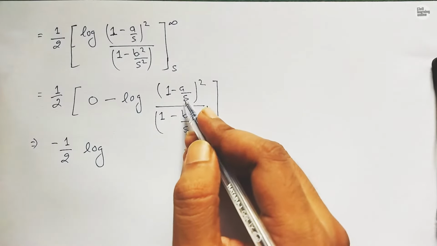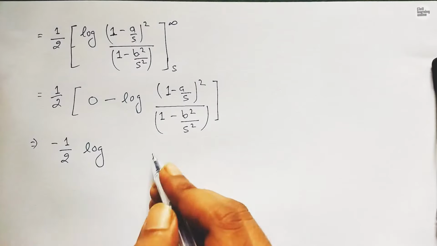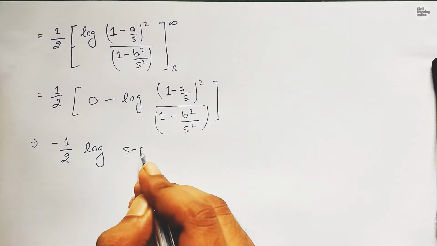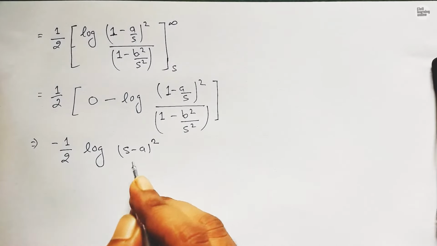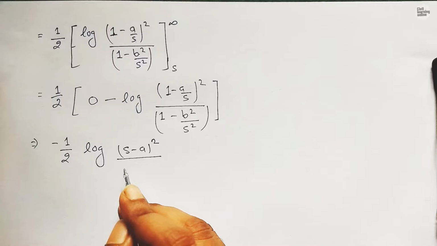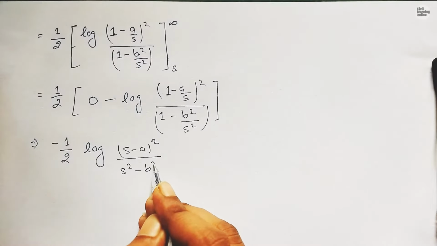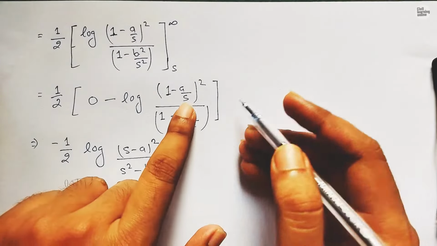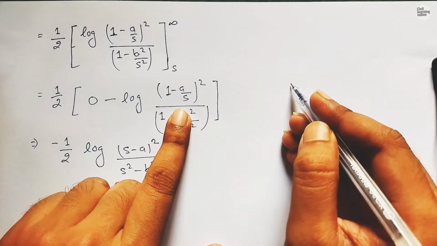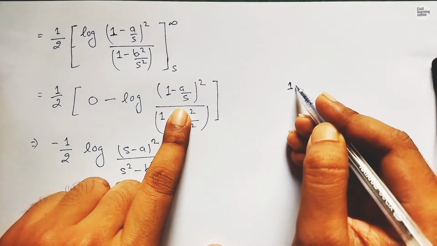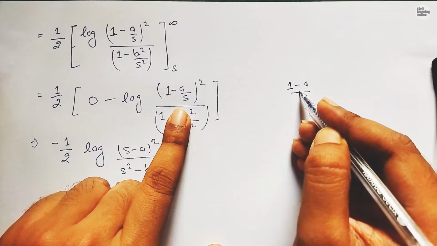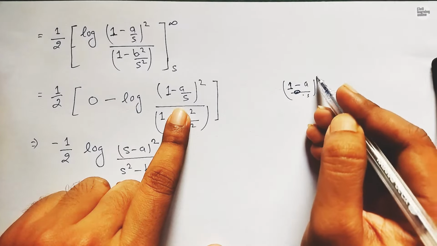Now we need to remove the denominator, which is s. So we will have here (s minus a) square upon (s square minus b square). Why so? See here, we can rewrite it as, see what happens here, (1 minus a upon s) whole square.